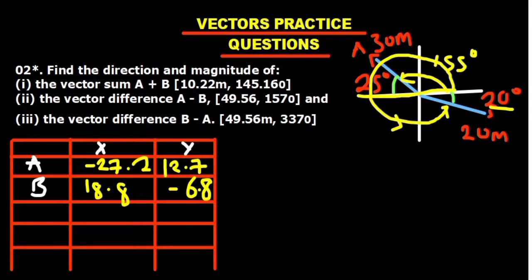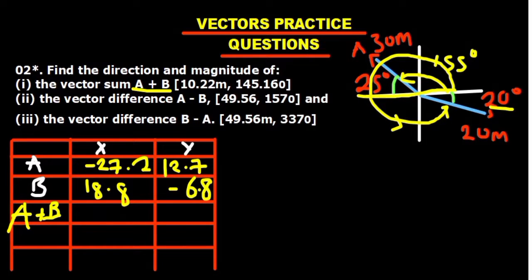So the first question is asking us to find A plus B. So let's indicate that here. A plus B. So what this means is you sum up their components.